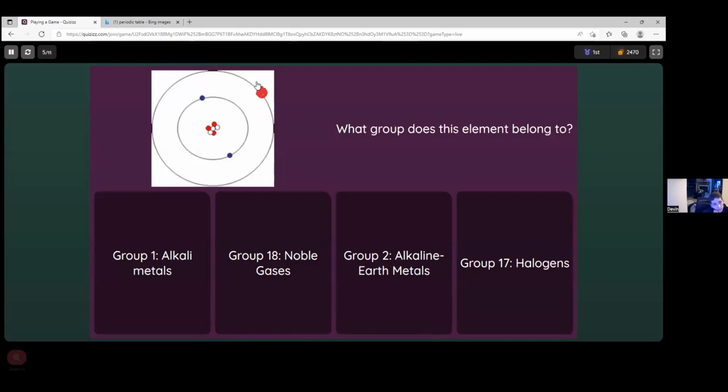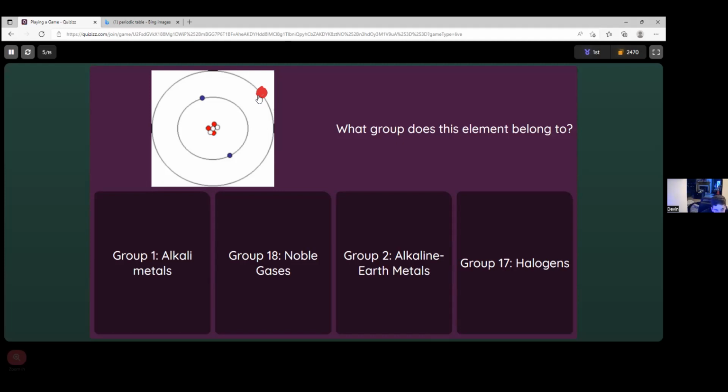This is part of your group 1A, your alkali metals, because there's only one here. Depending on what column or group you are, you will have 1, 2, 3, 4, 5, 6, 7 valence electrons, and this is showing you that the outer shell has one valence electron.